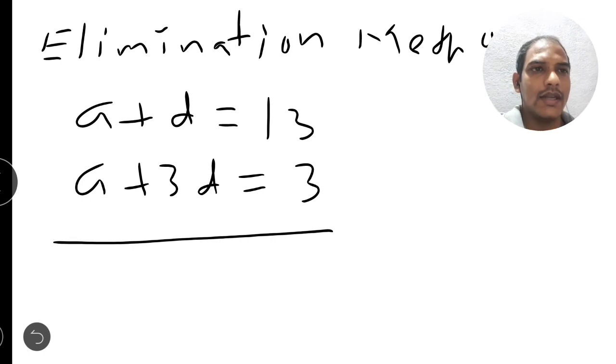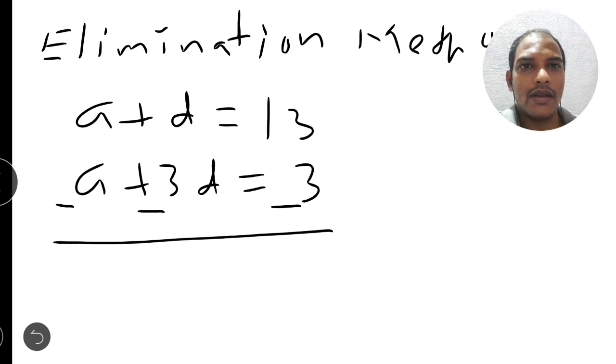The second equation is a plus 3d equals 3. a is positive, so negative. 3d is positive, so negative. 3 is positive, so it is also negative. Then what will happen here? Plus a and minus a, both get cancelled.